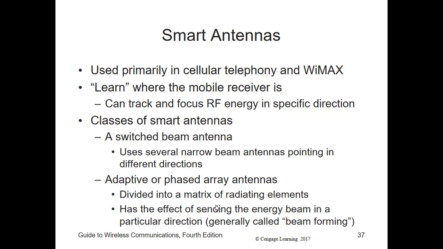The smart antenna uses the strength of the signal coming from a mobile device to learn where it's located, track it, and focus the RF energy in the device's direction to avoid wasting energy, which also prevents interference from other antennas. So instead of sending signals with wide beams or spreading the energy over 360 degrees like an omnidirectional antenna, smart antennas send narrow beams of energy toward the receiver.